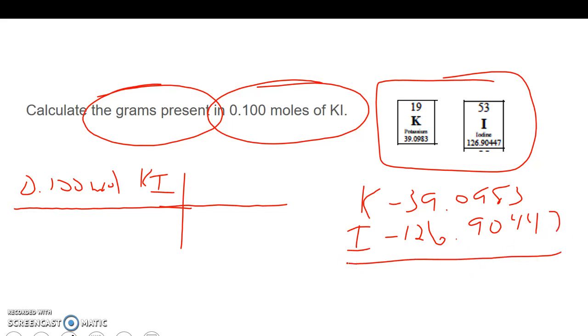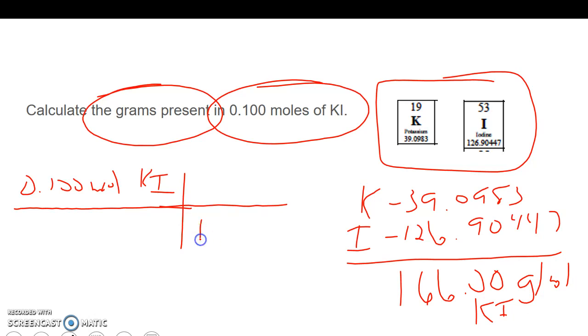We want to round to the hundreds place, so we crunch the numbers here. I get 166 grams per mole of KI.